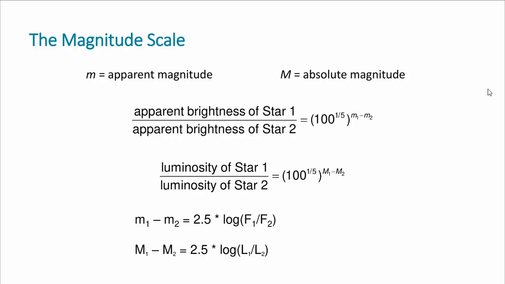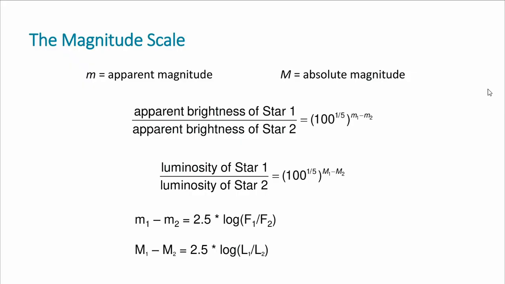So this magnitude scale is very convenient when you're comparing two stars to each other. If I know the magnitude of one star and the magnitude of another star, then they have to satisfy this relationship. The way that this system was first developed was we picked a star as our reference and compared all the other stars to that star.